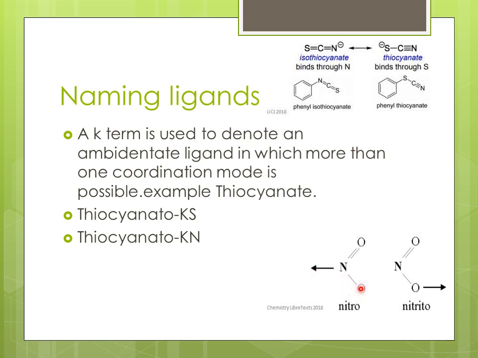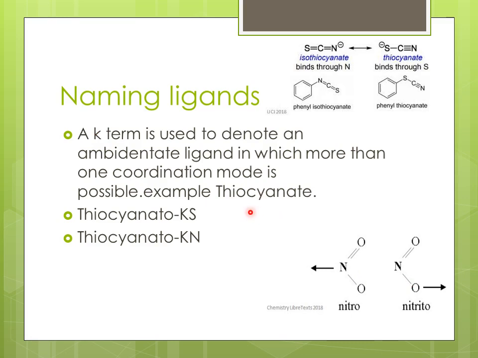In the nitro group, either through N it can make a coordinate bond, or through oxygen it can make a coordinate bond. If it coordinates through nitrogen, after writing the word nitrito we write kappa-N. If it is coordinating through O, then we write kappa-O. That's the only difference.